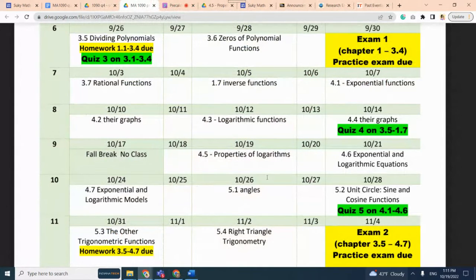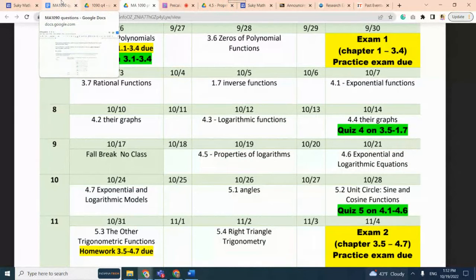So our plan is to continue with chapter 4. After we finish chapter 4, you can do your practice exams and review your notes, all the class notes and the recordings. Please make sure you do the practice exams. From the last exam, our practice exam was so helpful in our actual exam.